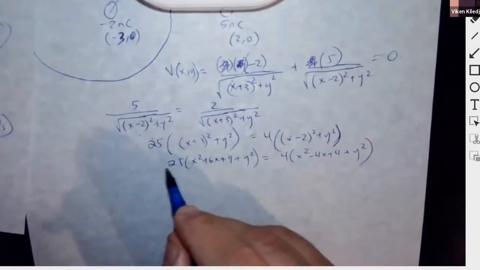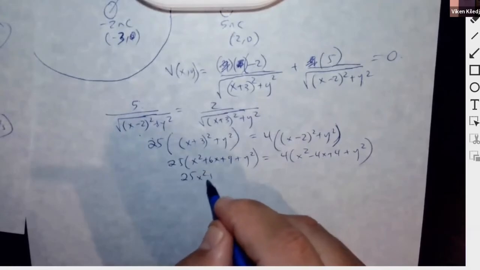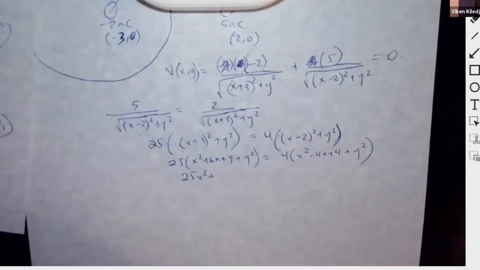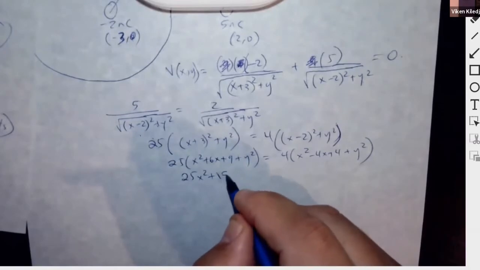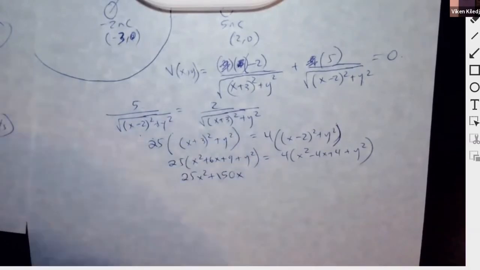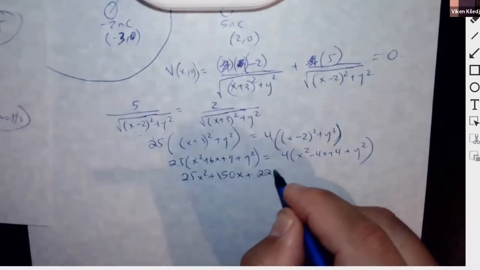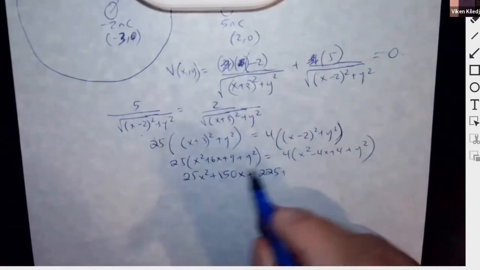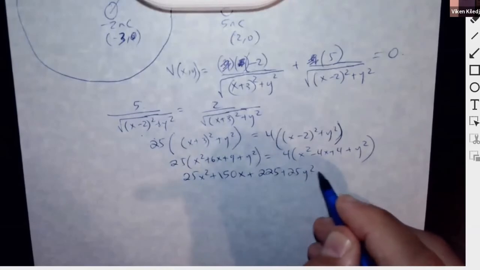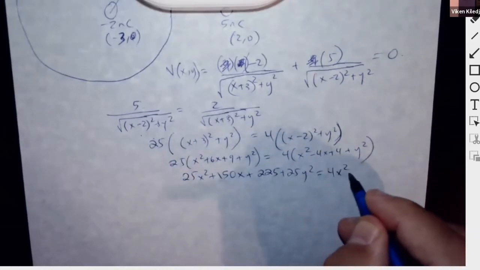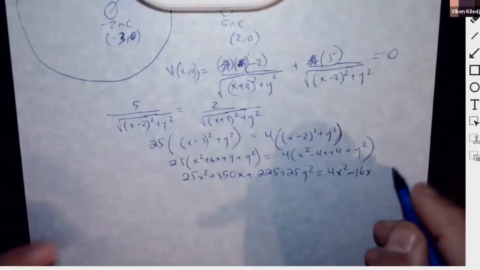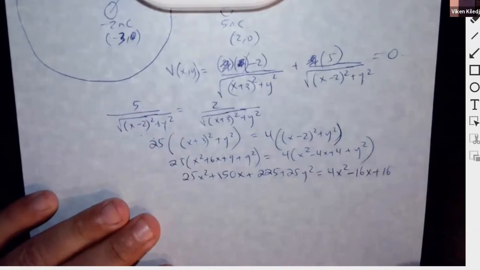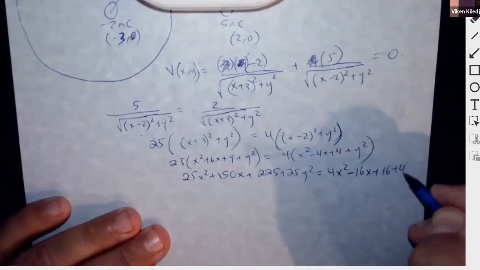Okay, then multiply into 25. 25x squared plus 6 times 25, that's going to be 150, right? 150x plus 9 times 25, that's going to be 225. Plus 25y squared. Equals 4x squared minus 16x plus 16 plus 4y squared.